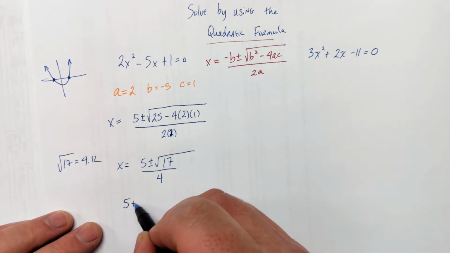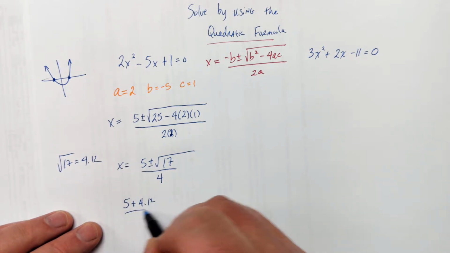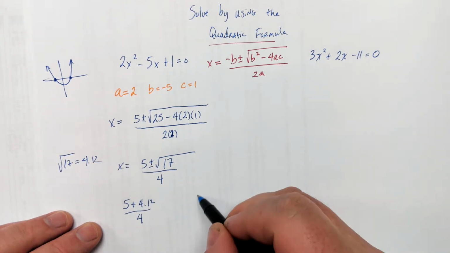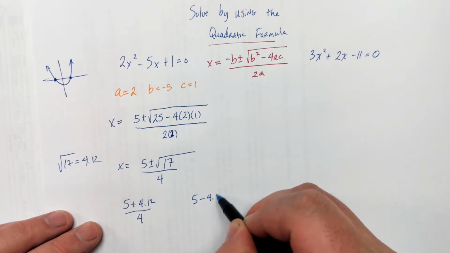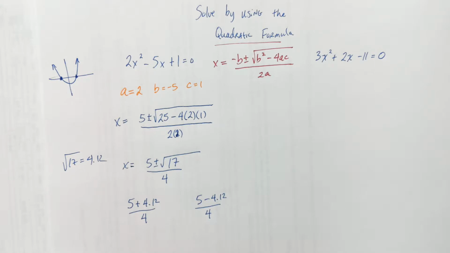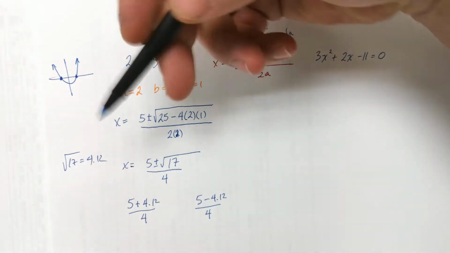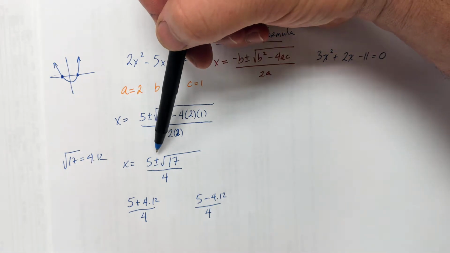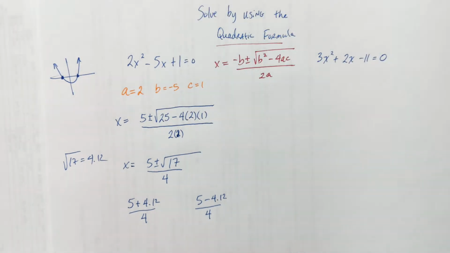So look, we got 2 things: 5 plus 4.12 divided by 4, and 5 minus 4.12 divided by 4. Edgar, you know why there's a plus and a minus? Yeah, because of the square root, right? That's why that symbol is right there, because there are 2 answers for square roots. Just like with solving by completing the square, we have both.